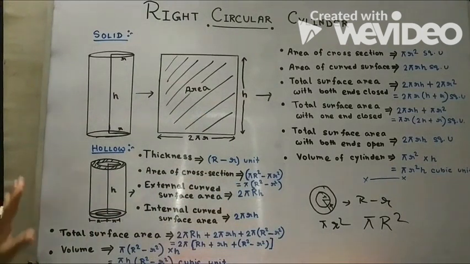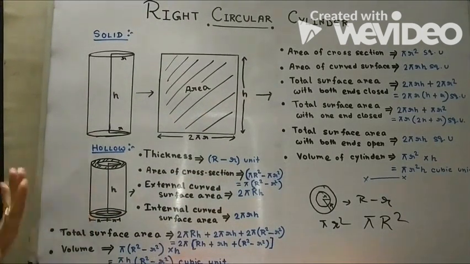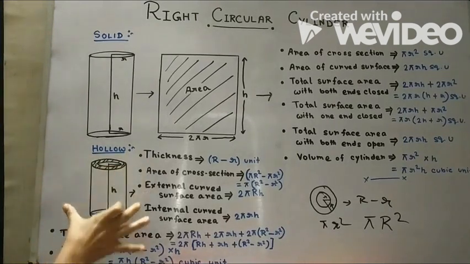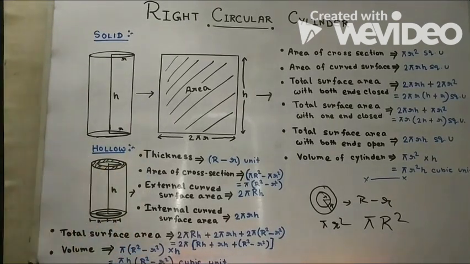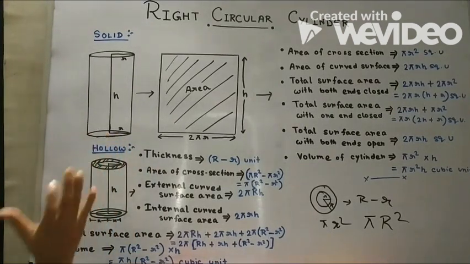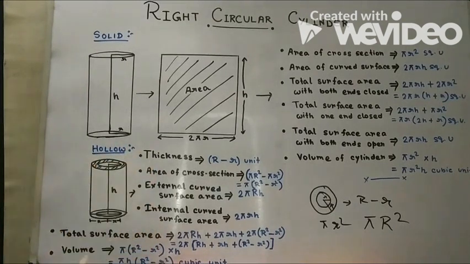In this case, the total surface area will be the area of four surfaces: the external curved surface, the internal curved surface, and the two bases.